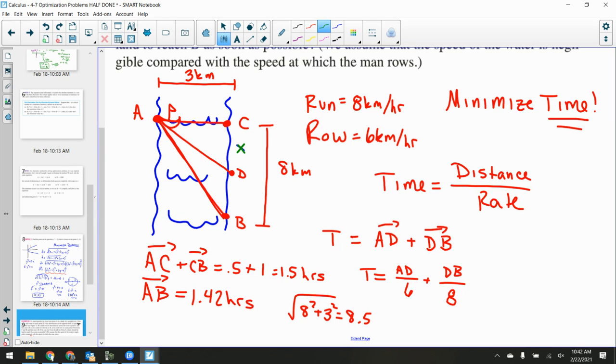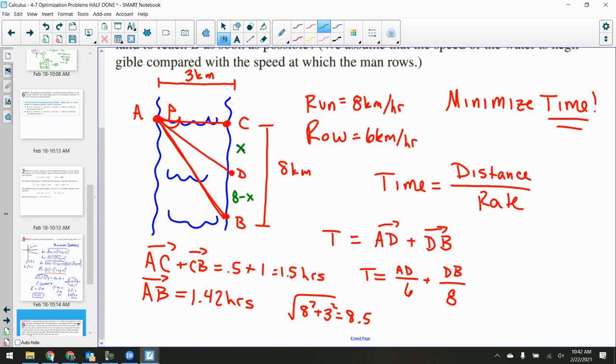C to D. What would BD be equal to? 8 minus x. Because I want to make this arbitrary. I'm trying to minimize time, so I don't want to make this some point in there. I want to find the best point.